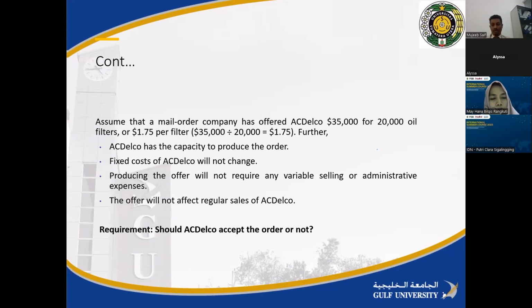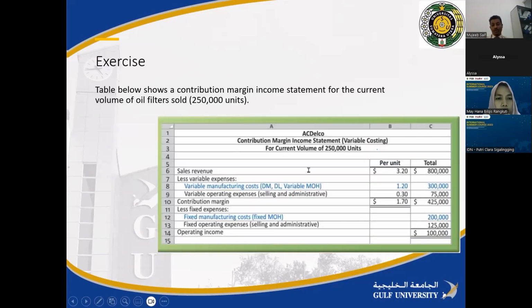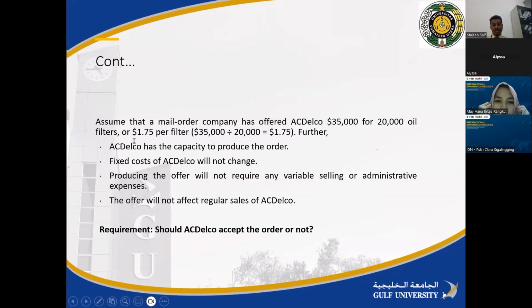So now, if I am a managerial accountant with less experience, I will say we should not accept this order, because our normal sales are still going, but this customer will pay much less than our normal price, right?